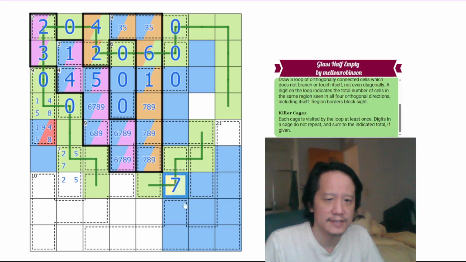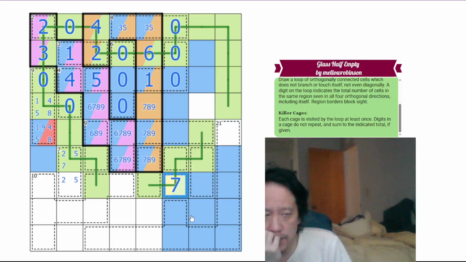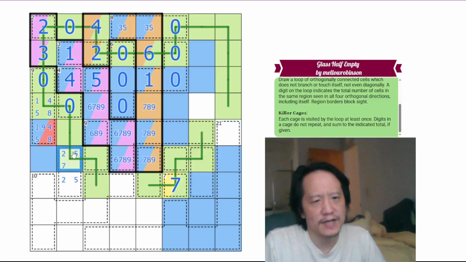So this has to see 7 cells in its region. Interesting. So, I think this has to be a digit, right?